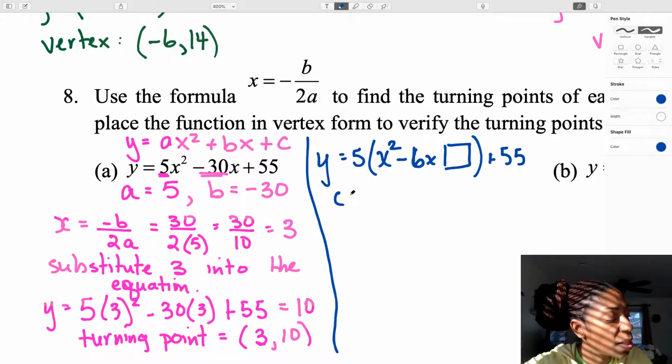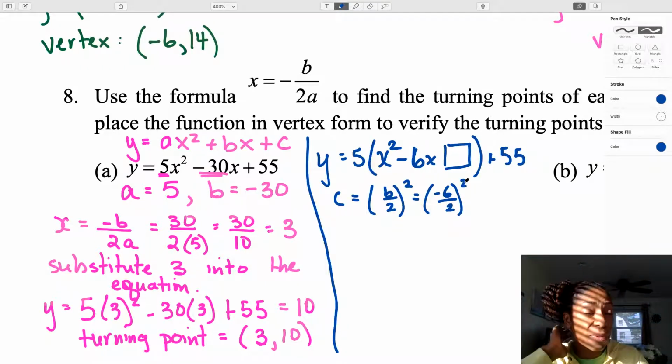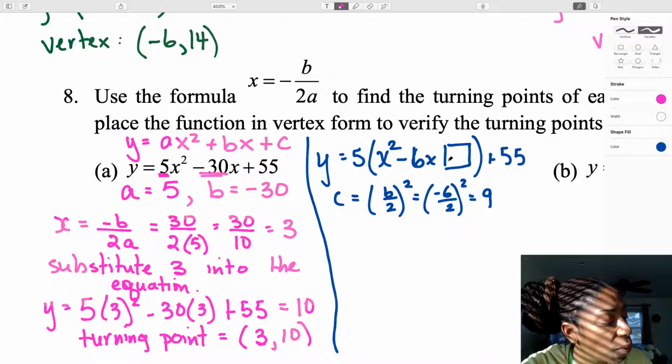So how do we find the new c? B over 2 squared. B is negative 6 divided by 2 squared. Negative 6 divided by 2 is negative 3, and negative 3 squared is positive 9. So our new c is positive 9.